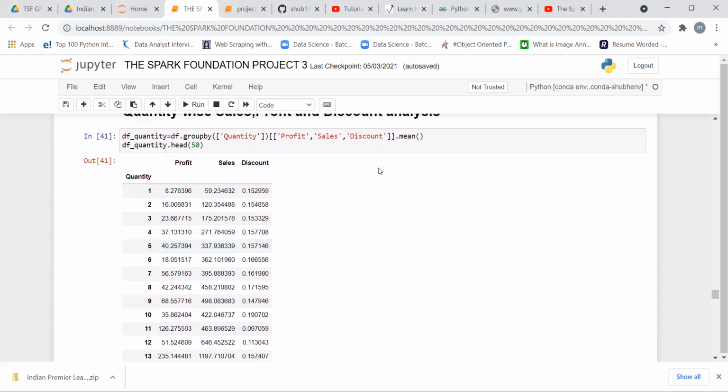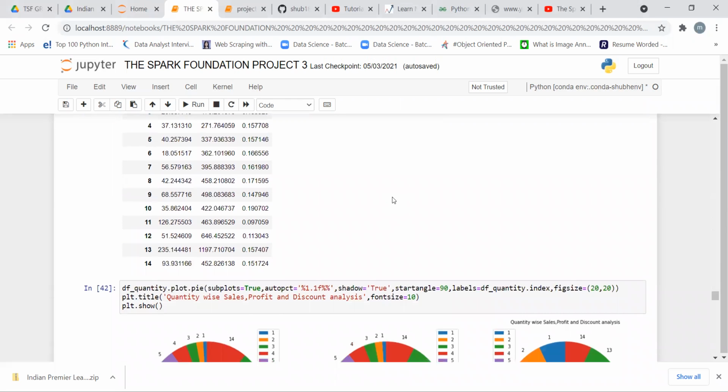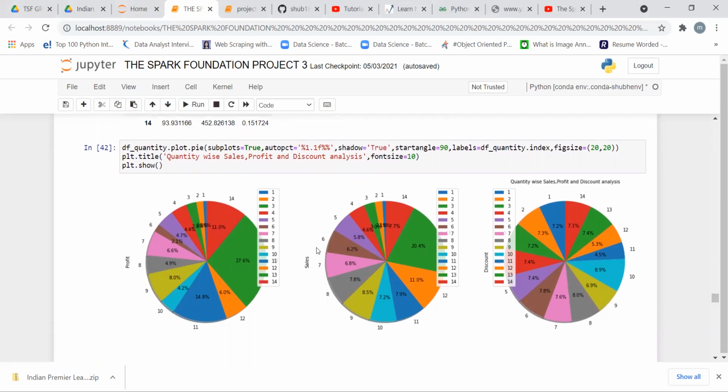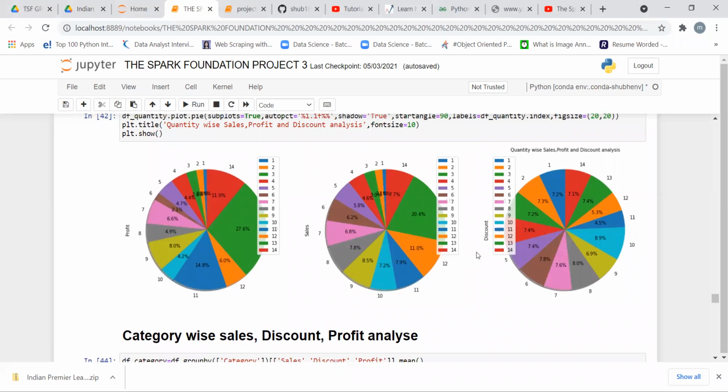So what we do, the same: we group the data of quantity with respect to profit, sales, and discount, and calculate the mean, and prepare a data set, and then plot a pie chart. And here we use a pie chart, and here are shown the profit, sales, and discount of the data set.